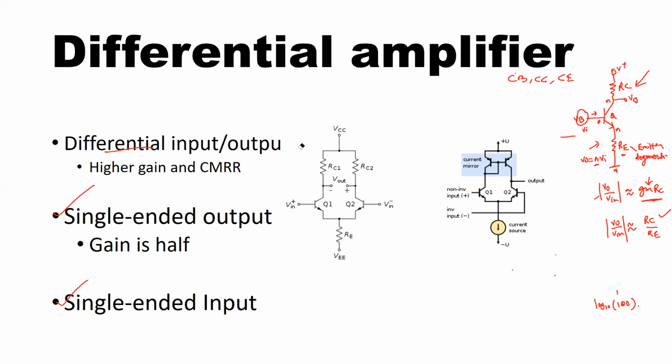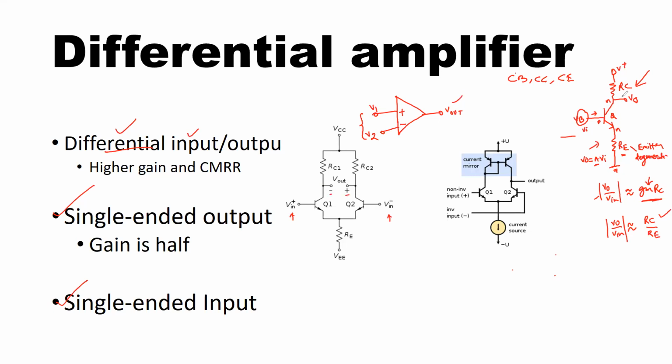For example, a differential amplifier can have differential inputs, as you can see right over here, or in the previous slide, we see that you have positive and negative pins. So you have input 1 and input 2, and then you take the output. So you can have differential inputs and differential outputs as well. So instead of one output, you can have two outputs.